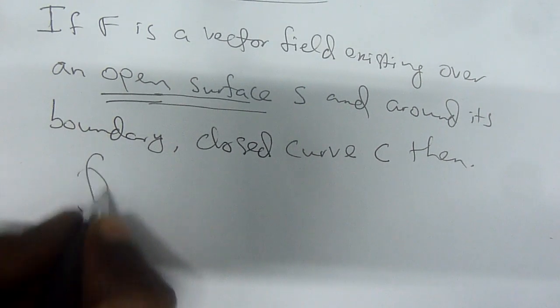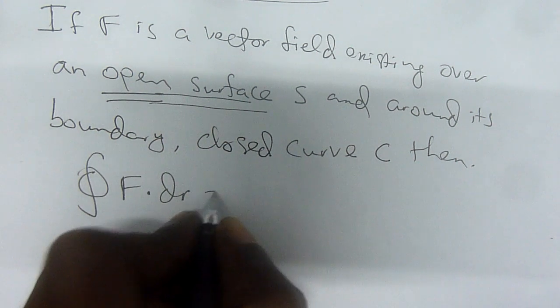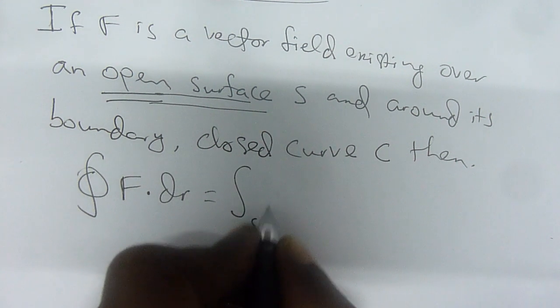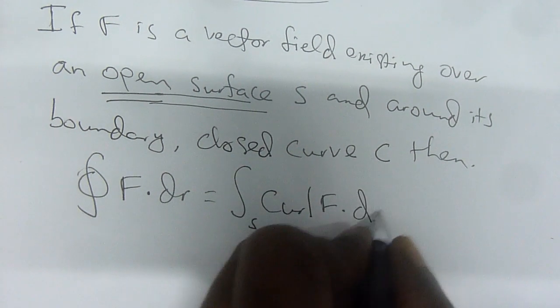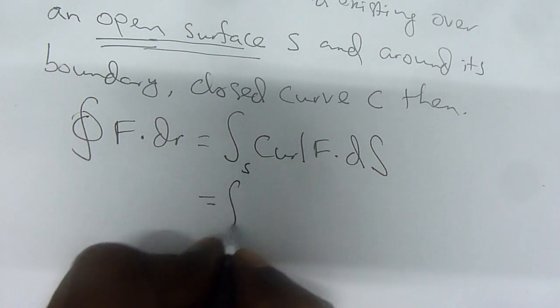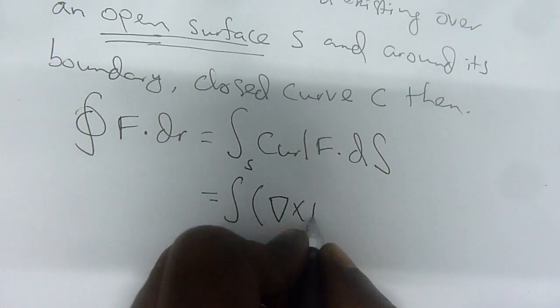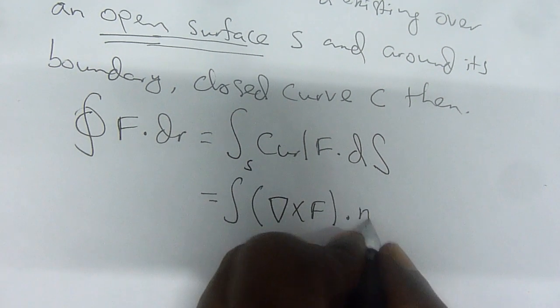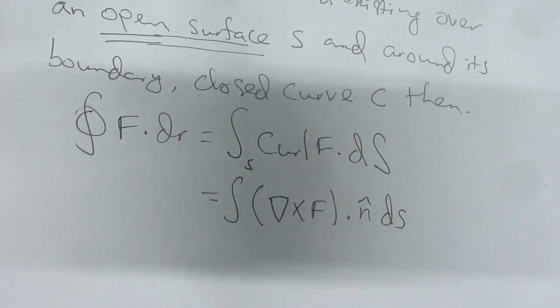We're going to see this formula, which is the integral of F dot dr equals the surface integral of curl F dot dS, with big S, or we can write this as curl F with a small s. Okay, this is the definition.